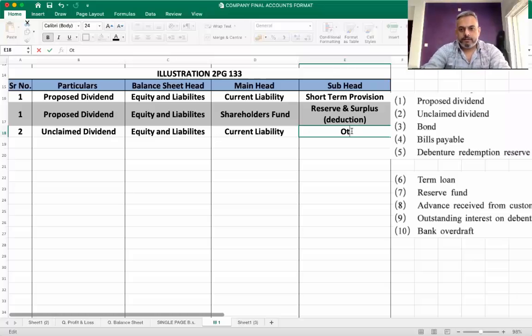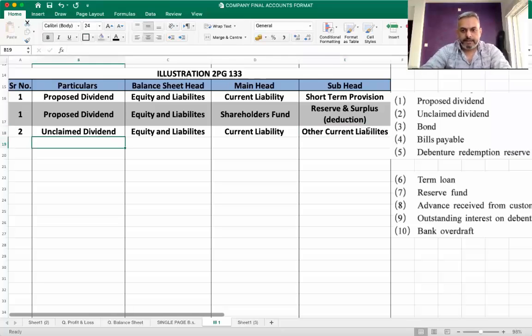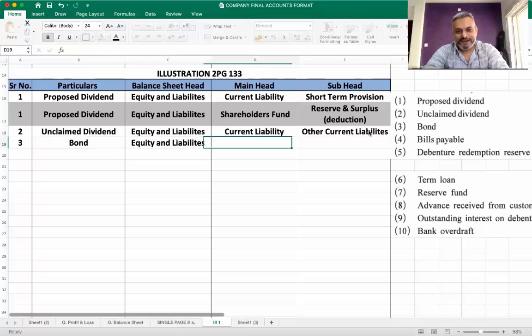So other current liabilities. Third, bond, not James Bond, okay? This is a debenture wala bond, similar to debenture. So equity and liabilities, long term.